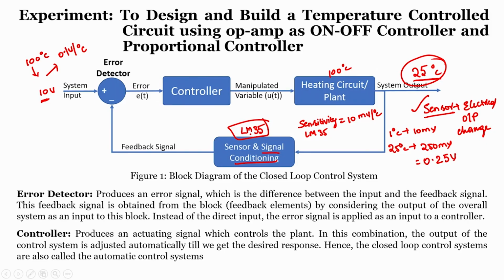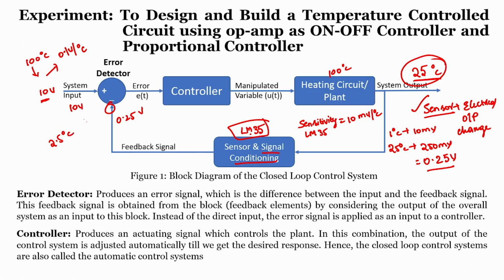Now, the sensor gives me 0.25 volt, and I am passing it as input to this point. This is 10 volt, this is 0.25 volt. From the sensing point of view, 0.25 is easy to understand, it is 25, but with respect to the input, where the sensitivity factor is 0.1 volt per degree centigrade, 0.25 volt is nothing but 2.5 degree centigrade.